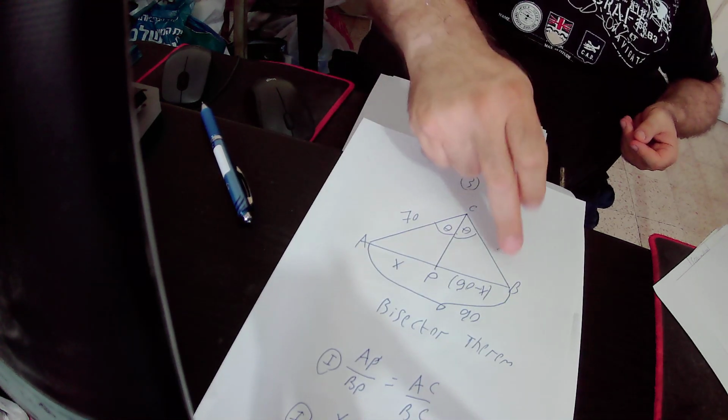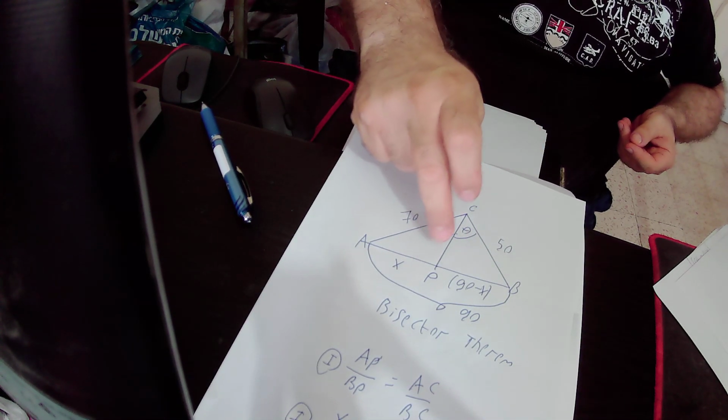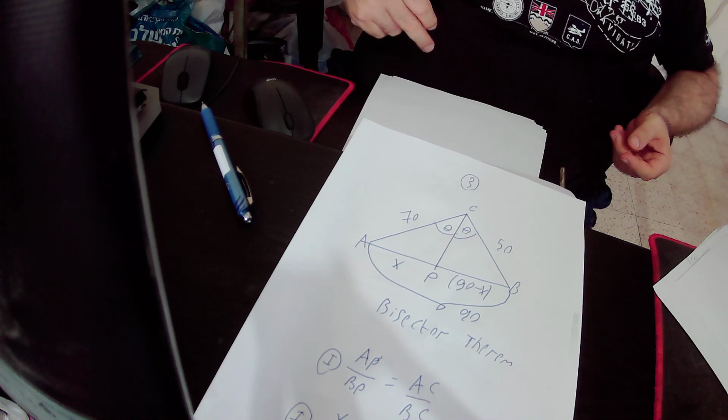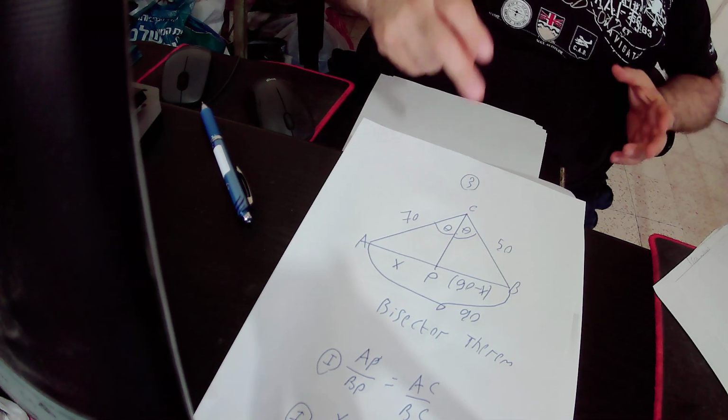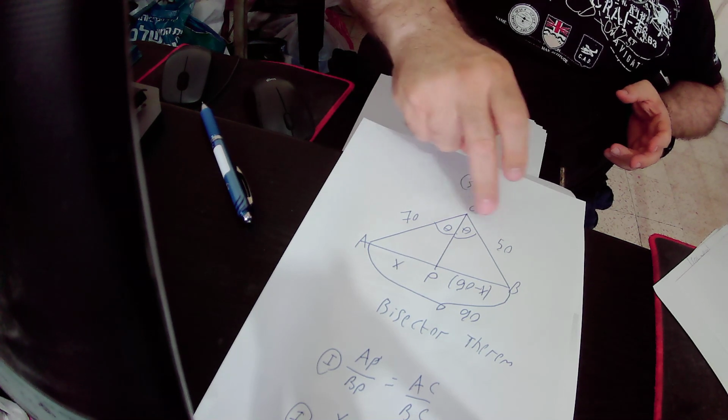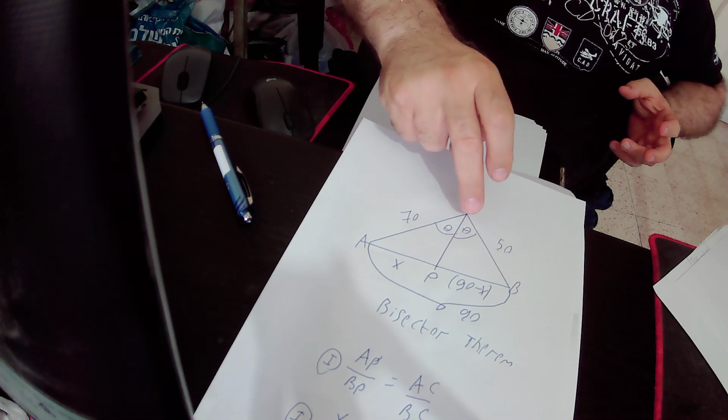in triangle ABC we have line PC that actually divides this angle into two equal parts.